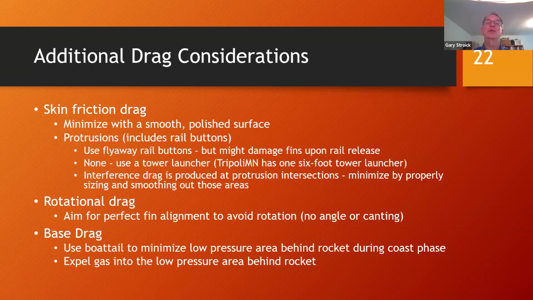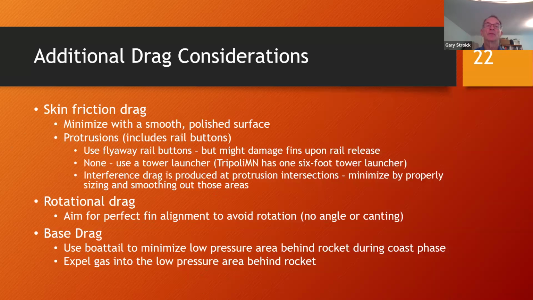People have used those with some success, not with really large high power rockets, but certainly smaller ones. The only thing is occasionally when they come off, they may damage a fin. So you need to be aware of that and make sure your fin is made out of a material that wouldn't necessarily get damaged if it were hit on the way off. Just keep that in mind.